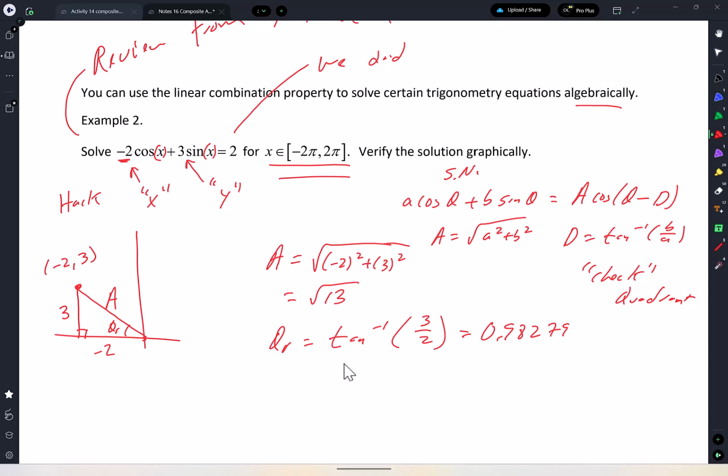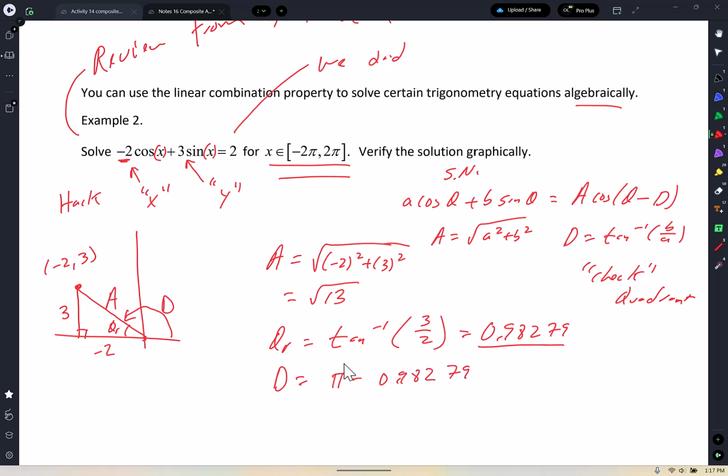That's in radians. And then to get the angle that I really want, which is this one, the angle D, I'm going to have to go pi minus this guy. Does that sound familiar to you? So I'm subtracting my reference from pi.